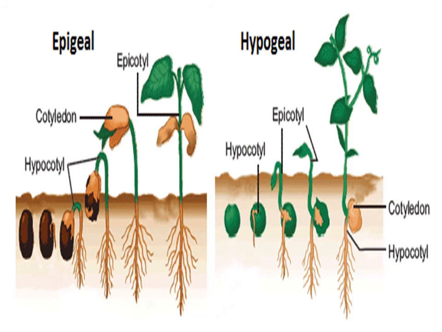So the epicotyl elongates and forms the hook. In this type of germination, the cotyledons stay underground. So you are watching on your screen that epigeal and hypogeal germination are totally different. Pea, maize and coconut germinate this way.